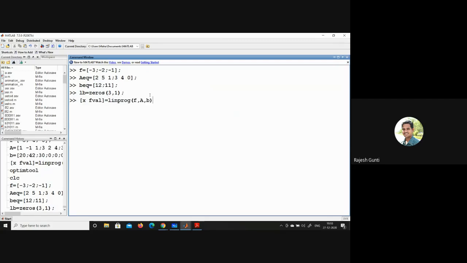We have to call the standard function. What other things are there? This entire thing is null. Am I correct? Inequalities are not there.